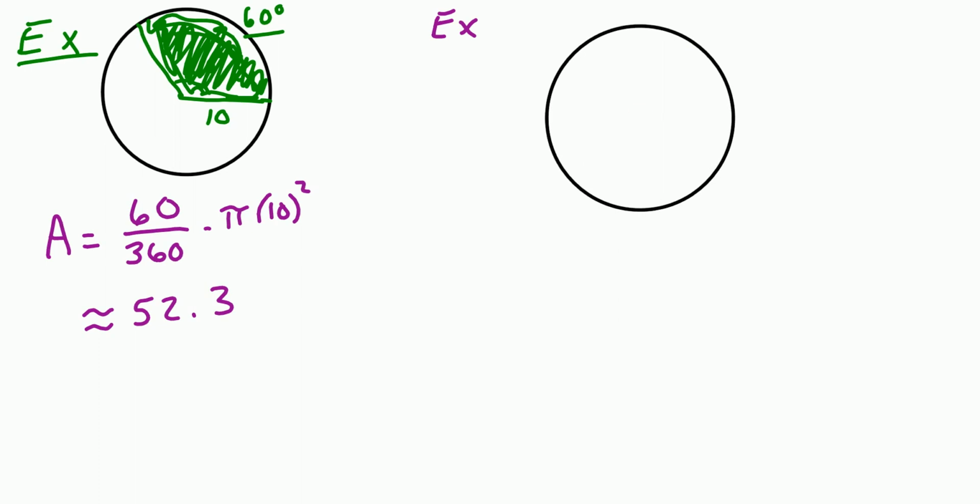Right, let's look at another example. In this example, we have a circle with a radius of 12. And this time we're told that this arc length is 40. Okay? I want to know what the area of this sector is.